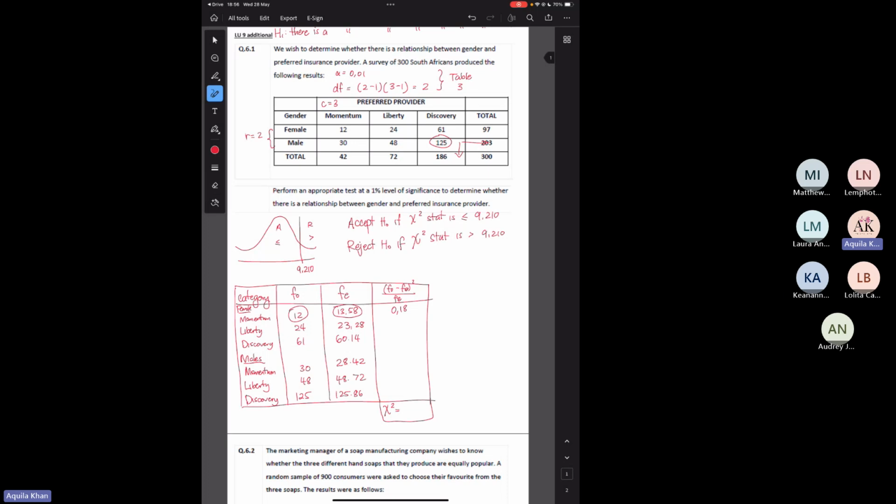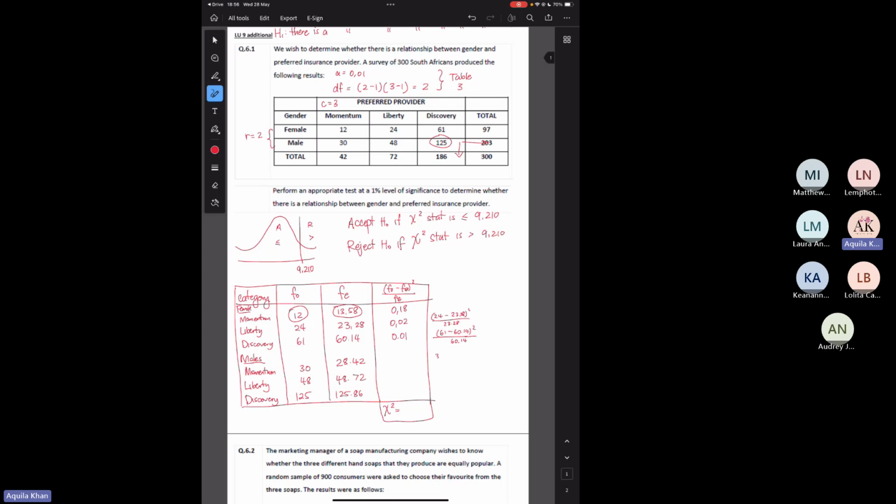Okay, so for the next one, it's 24 minus 23.28 squared over 23.28. And that is 0.02. Then the next one, 61 is FO. Its respective FE is 60.14. Then that's squared over 60.14, and that is 0.01.